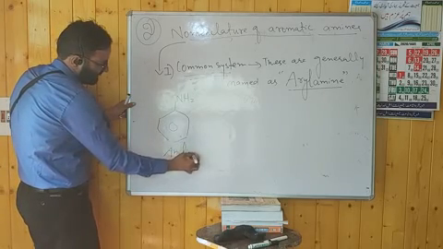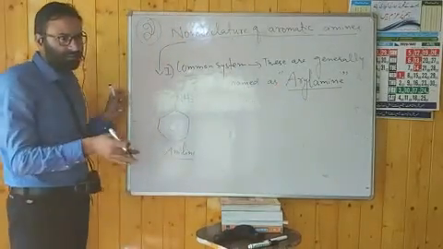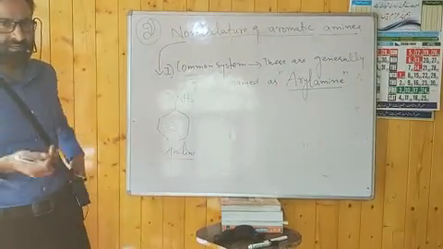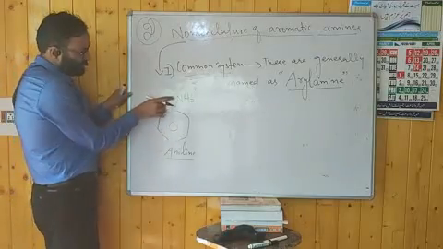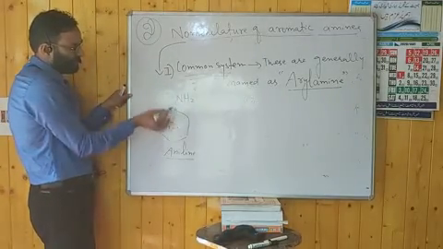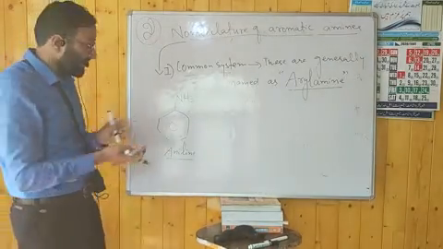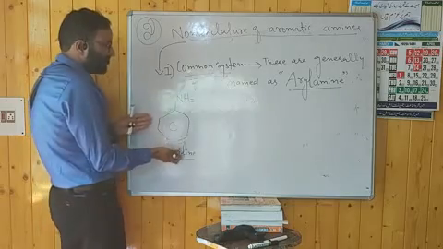Remember this point. The general method is arylamine, but here you have to remember the second point. The simplest aromatic amine in which the amino group is directly attached to benzene is known as aniline. Hence we prefer aniline over this one.